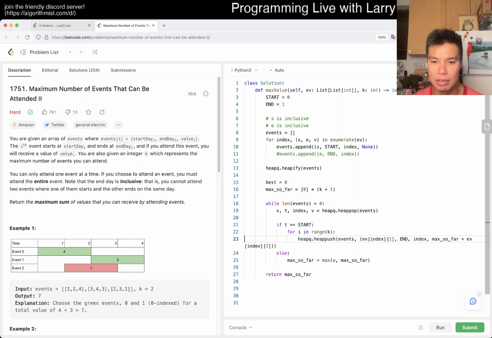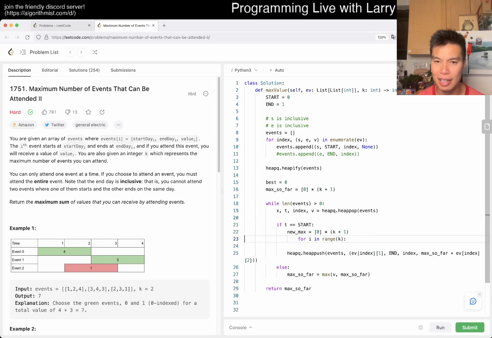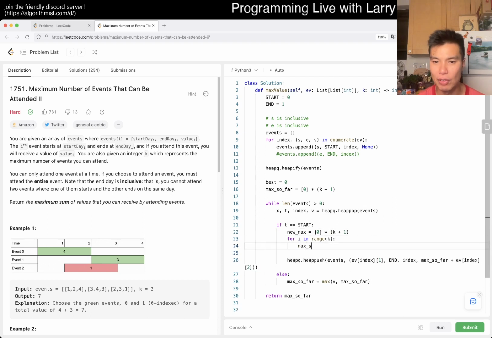We don't actually need to do it like this, or in the sense that I was thinking maybe you could, but yeah, maybe you have something like new max is equal to this, right, and then now for this, max so far of, well, 0 doesn't make sense, but i plus 1 is equal to max so far.